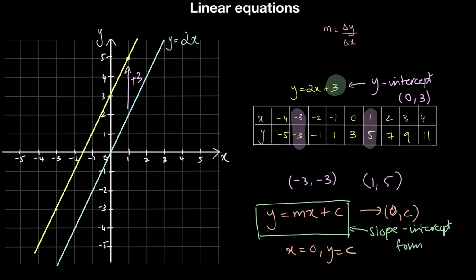The reason we call it that is just by looking at this linear equation, if I have y as the subject on the left, y is equal to mx plus c tells me that m is the slope of this linear equation, whereas c is the y-intercept. So the equation y is equal to 2x plus 3 tells me that the slope of the graph is equal to 2, whereas the y-intercept of the graph is equal to 3.